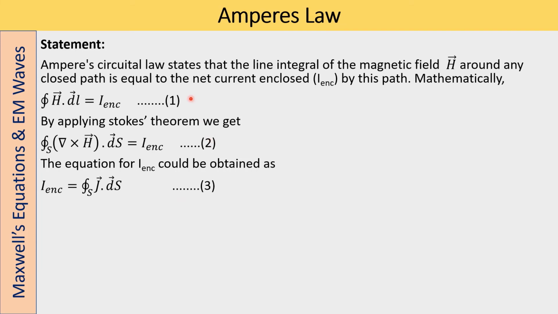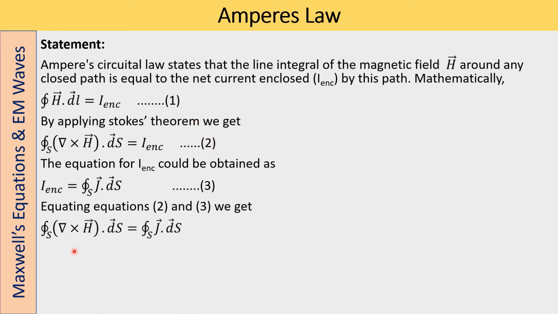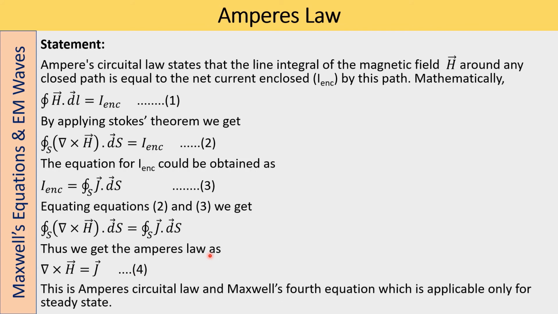So from equation 2 and 3 we can write surface integral curl H dot ds is equal to surface integral J dot ds, or we will get curl H is equal to J. So this is Ampere's circuital law and Maxwell's fourth equation, which is applicable only for the steady state.